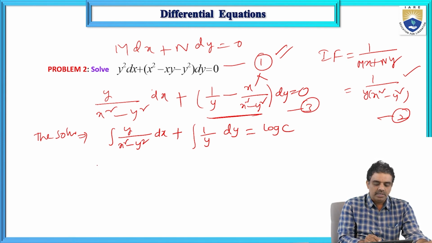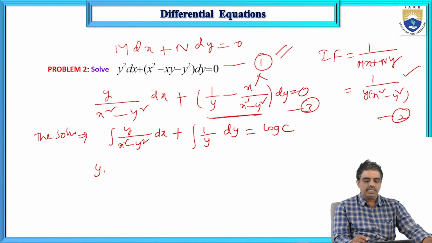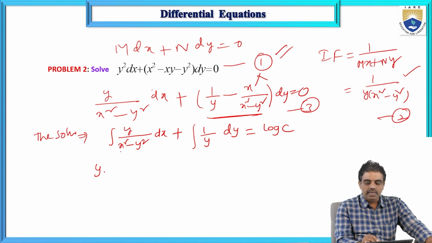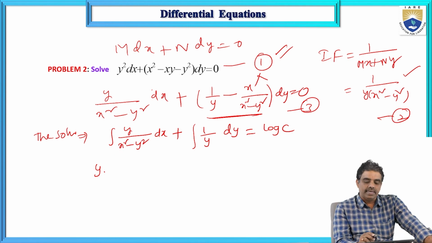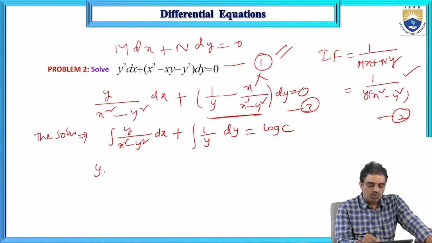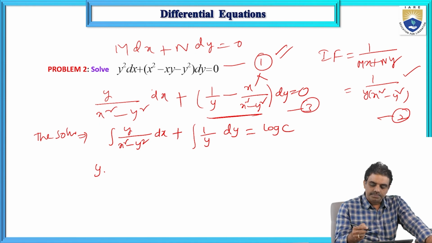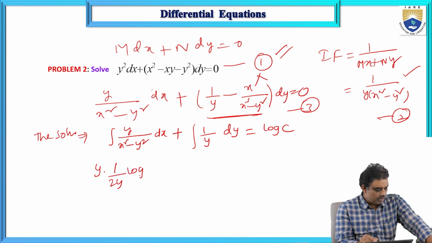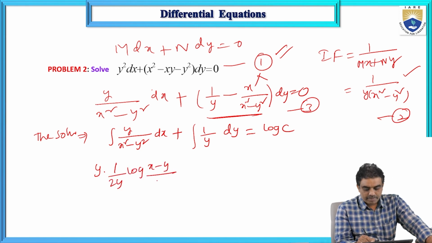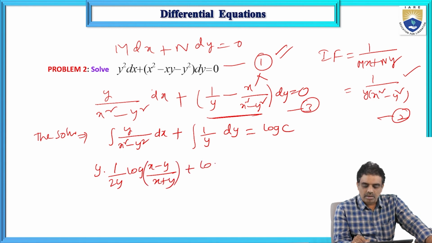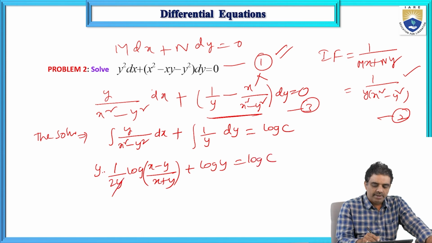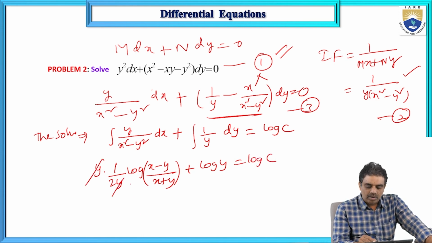Then what is the integration of 1 by x square minus a square? That is 1 by 2a. So I will write y into 1 by 2y into log of x minus y by x plus y. This is the integration, plus log y is equal to log c. So y gets cancelled, and we have log of x minus y by x plus y whole power 1 by 2.